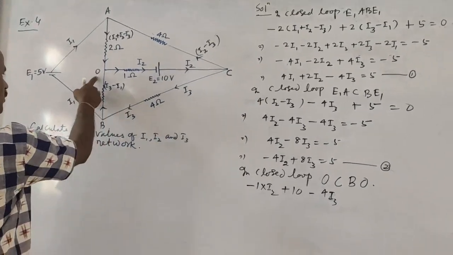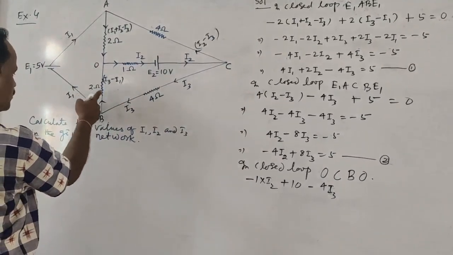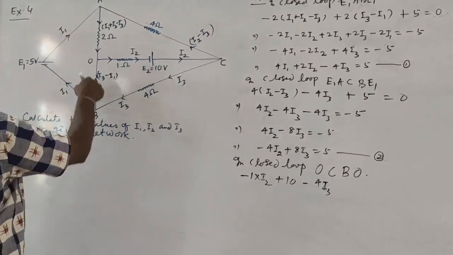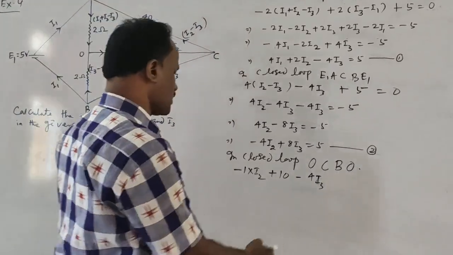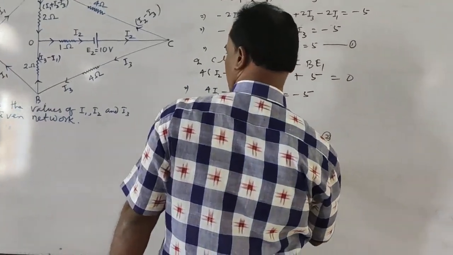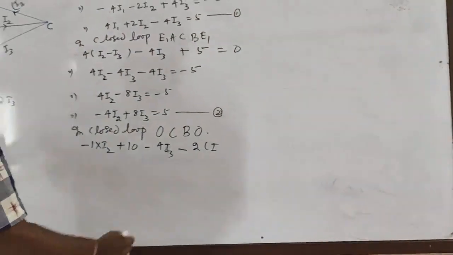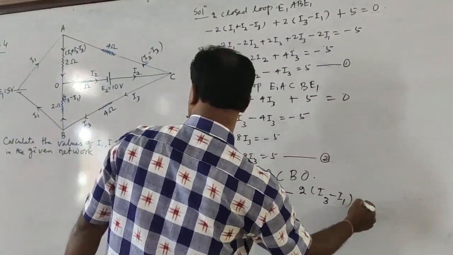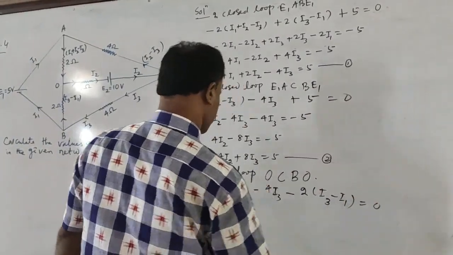Then from O to C, C to P, then P to O, there is a resistor across which the current is I3 minus I1, and you are now moving from P to O along the loop. There is also a loss of potential across the 2 ohm resistor, 2 into I3 minus I1, equal to 0.